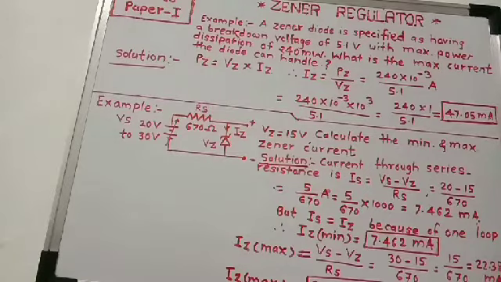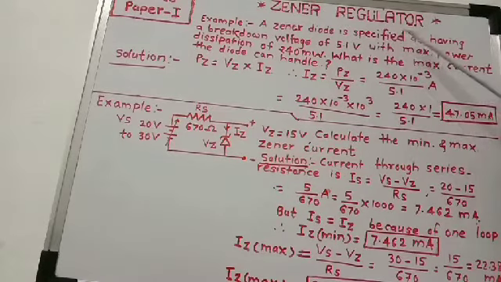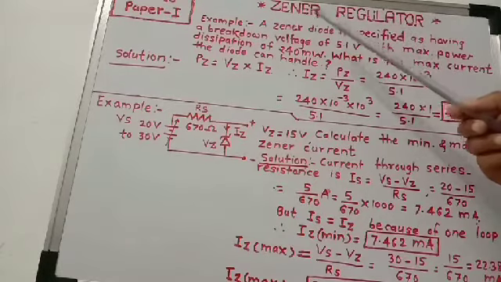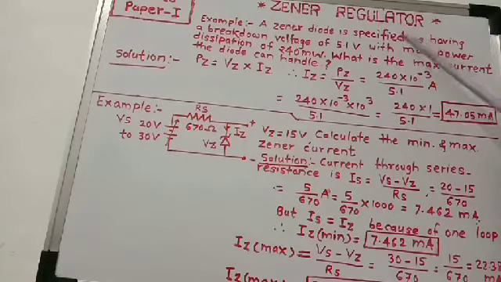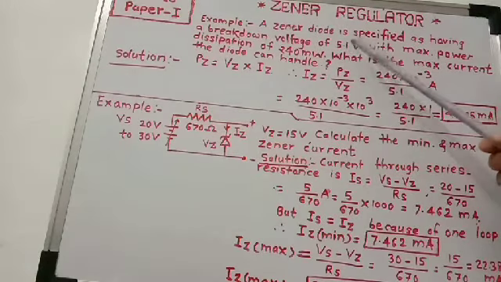Example number 2. A Zener diode is specified as having a breakdown voltage of 5.1 volt.